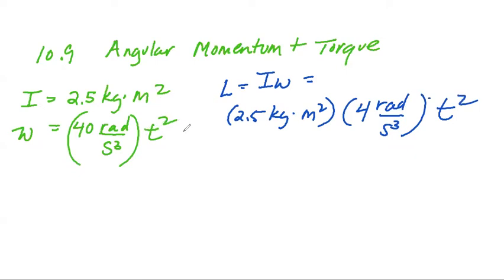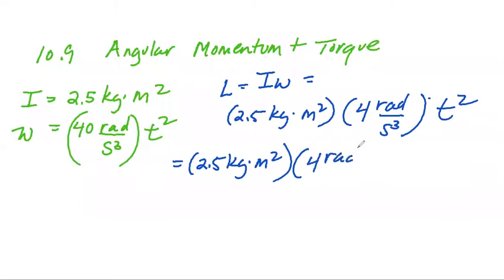At t equals 3, we get 2.5 kilograms times meters squared times 40 radians per second cubed times 9 seconds squared. I put 3 in there and I squared it. And that's going to give me 900 kilograms meters squared over seconds.